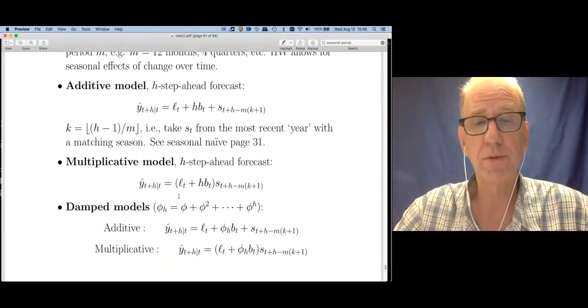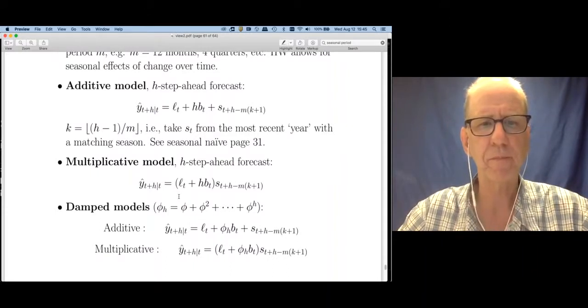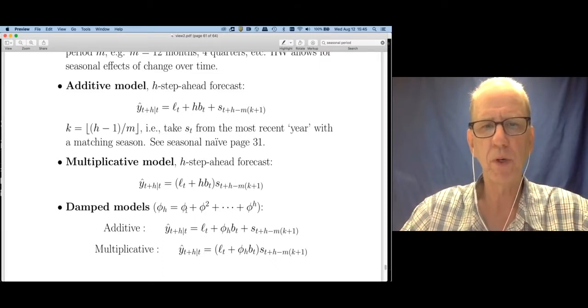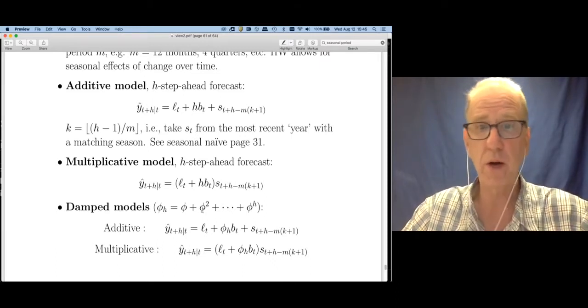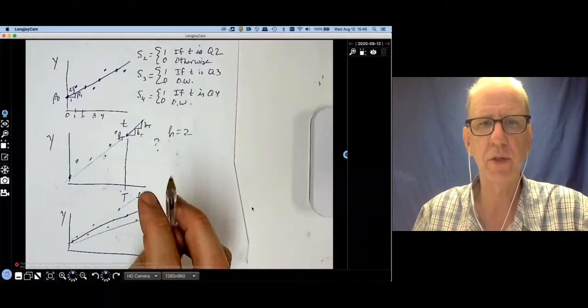We can also allow for dampening. So remember what dampening is all about. Dampening is where we want to be more conservative the further out we go. And so we capture this with a geometric series.